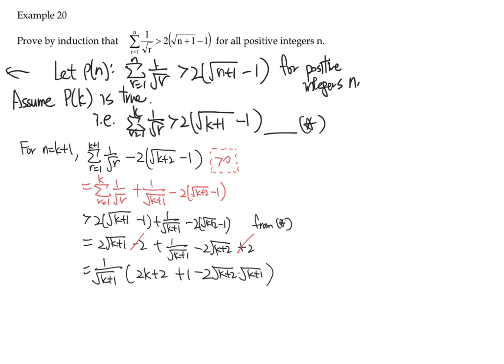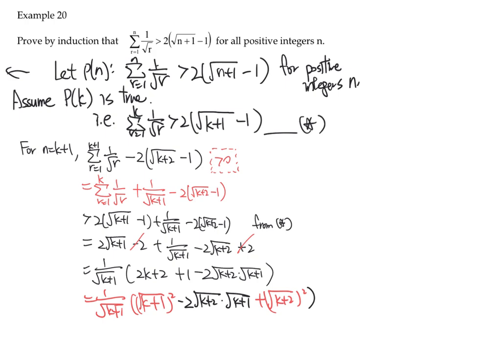If you don't know what it means, just write it down and you will know why. That is k plus 1 square root square, and then for the minus 2k plus 2 times k plus 1, and then plus square root k plus 2 square.